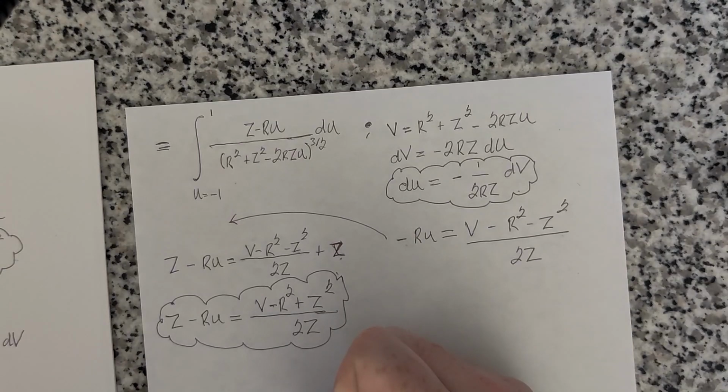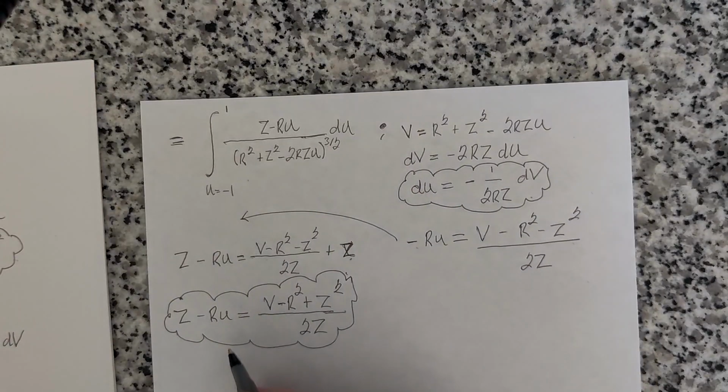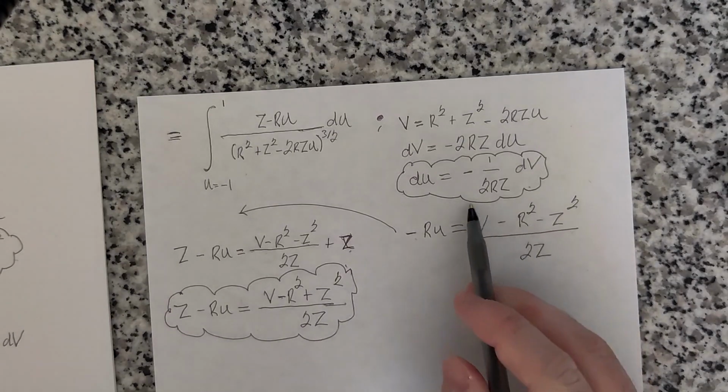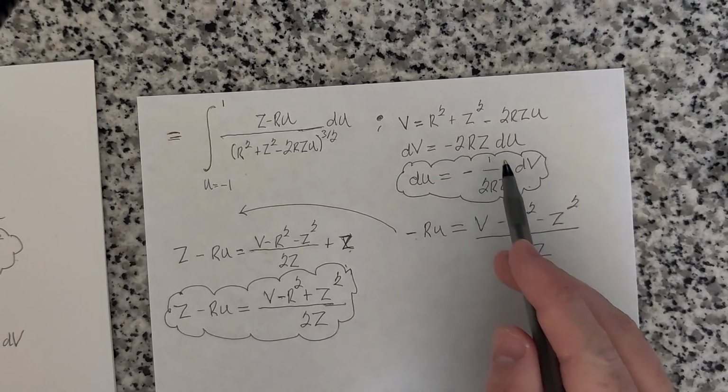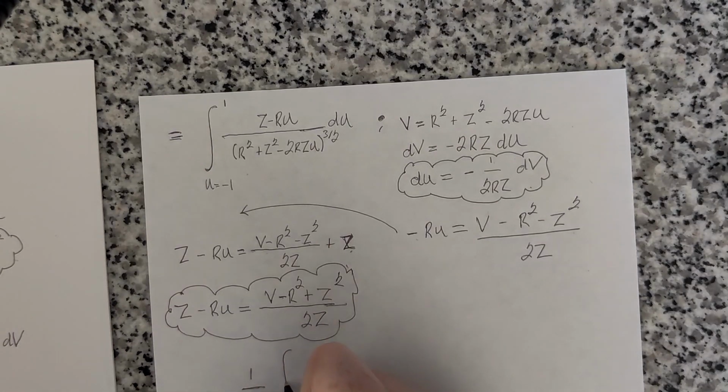All right. So let's go ahead now and plug everything in and get our bounds all sorted. So we're going to have this minus 1 over 2rz out front. Then we have our integral. And our bounds now, v.